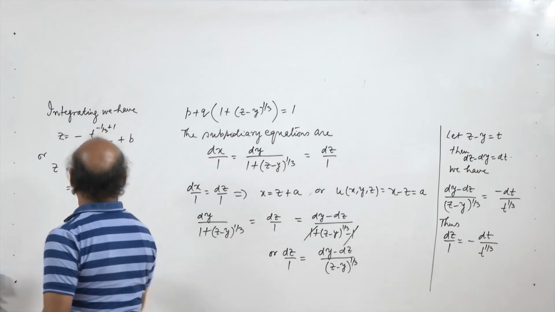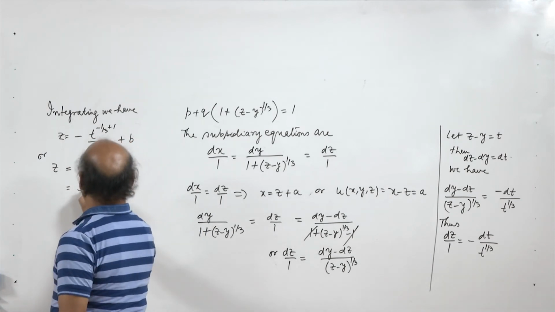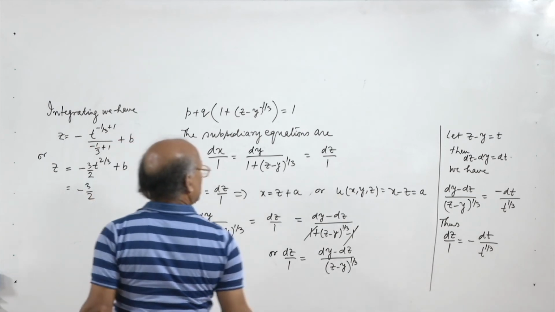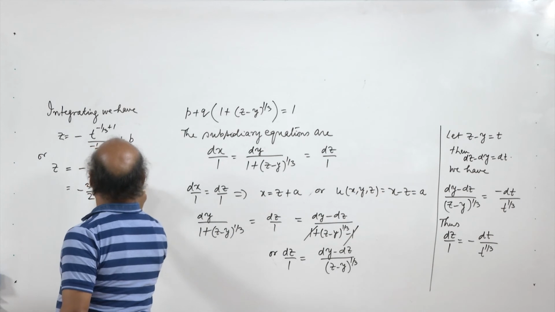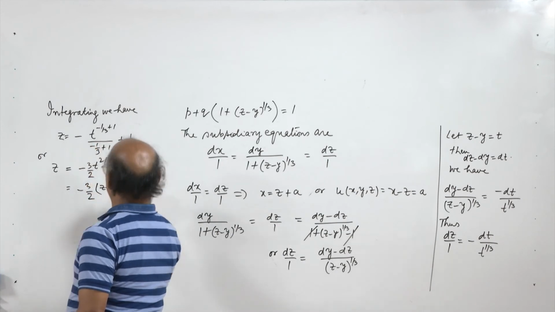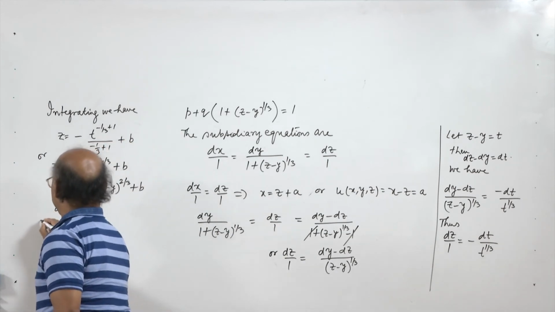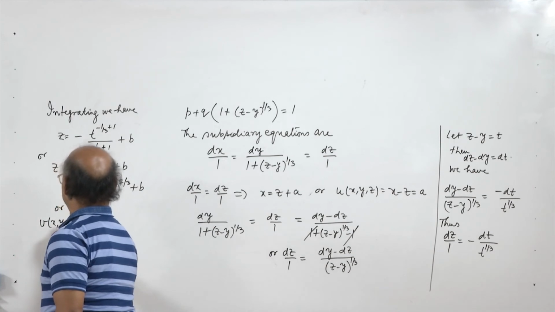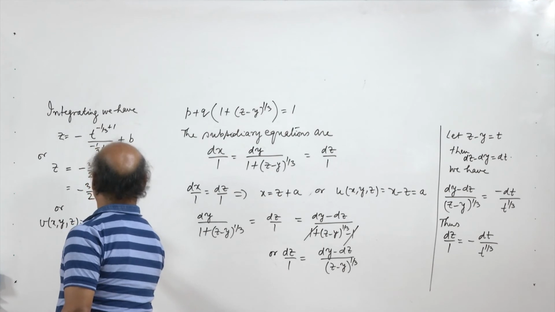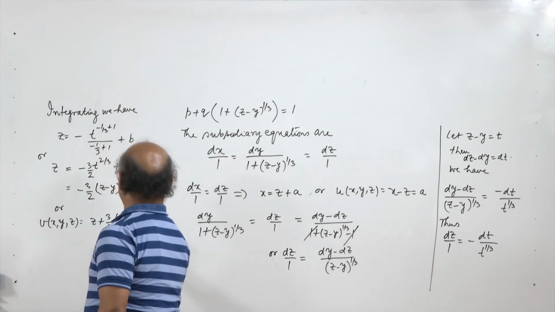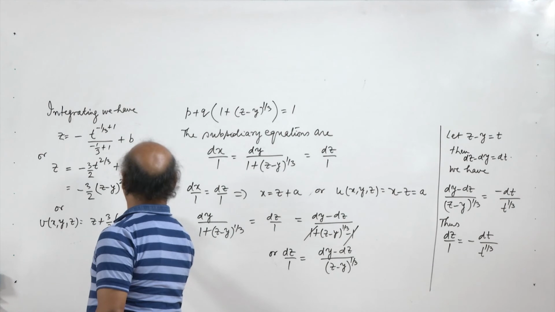So this also can be written as minus 3 by 2 (z minus y)^(2/3) plus b, or we get z plus 3 by 2 (z minus y)^(2/3) equal to b.